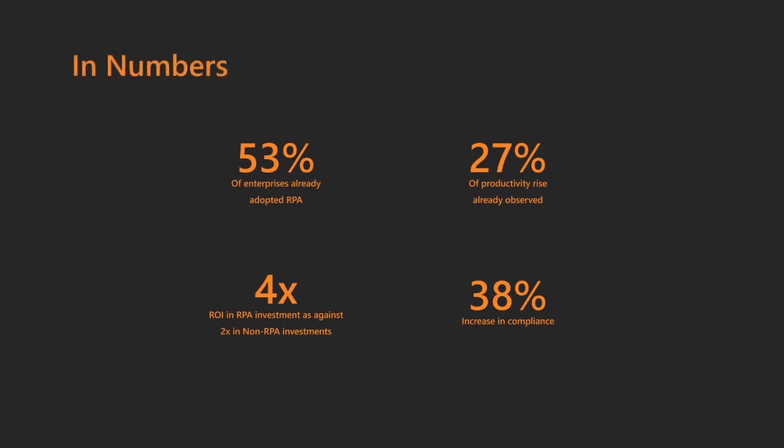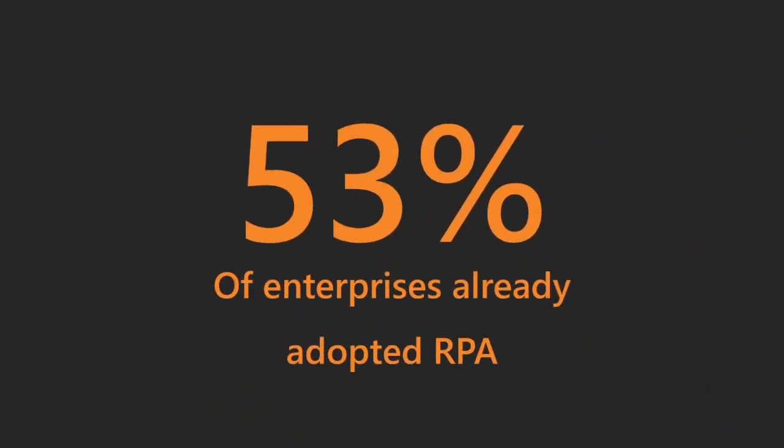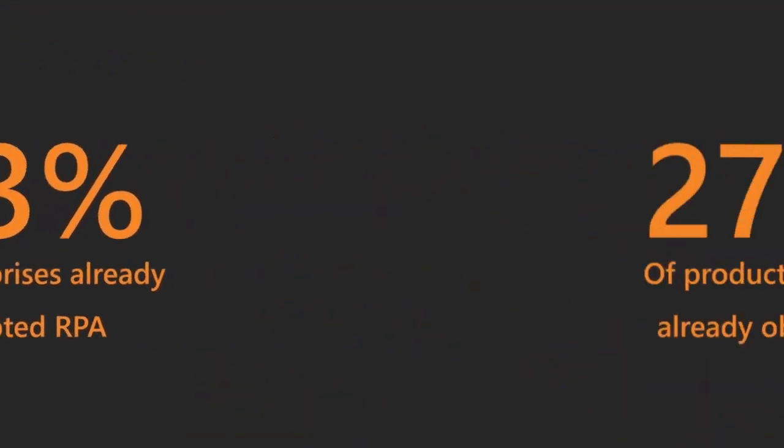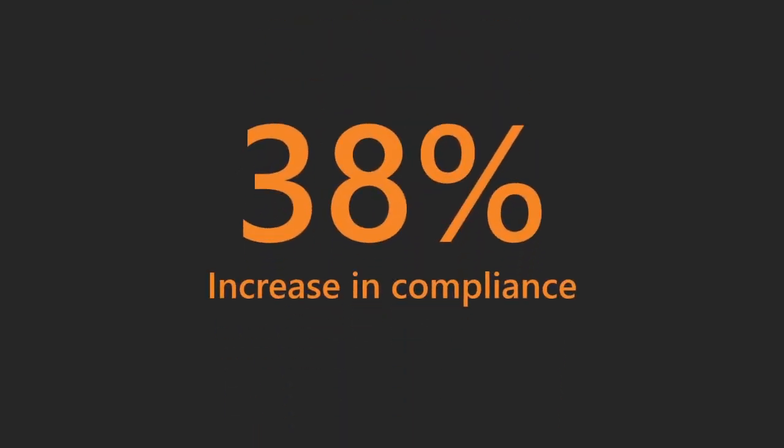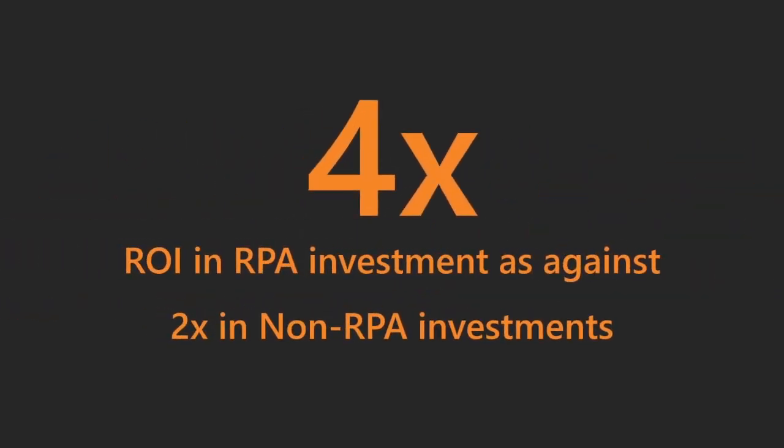In numbers, 53% of enterprises have already adopted RPA. 27% productivity rise has already been observed. 38% increase in compliance has already been observed. ROI, return on investment, the reason why we all do business, in RPA investment is 4 times as against 2 times in non-RPA investments.